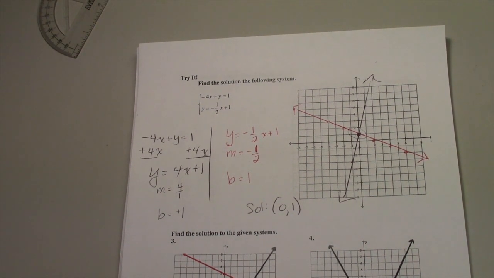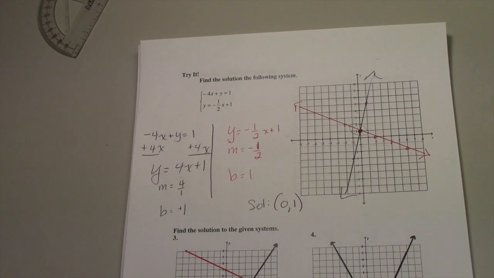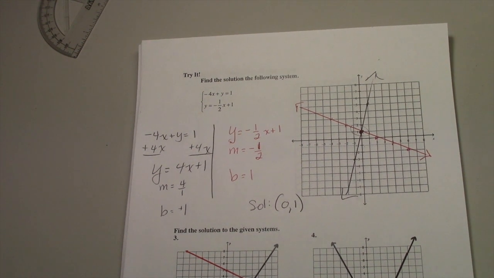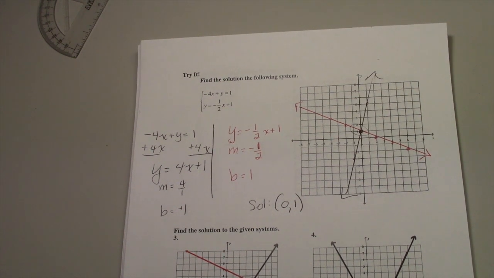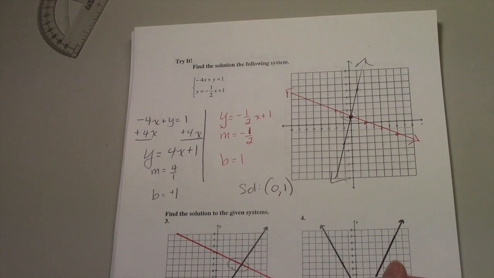So we're basically reading the point. 1, 2, 3, 4. 1, 2, 3. So this solution is 4, 3. Name the dot of intersection. Done. Name this one. So I have to go over 1, then down 1, 2, 3.